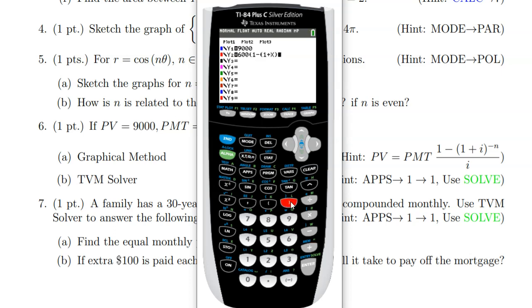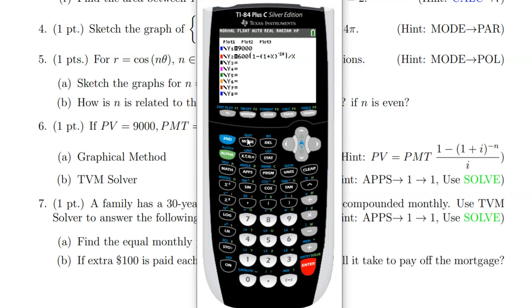And then here's the right parenthesis. And then we have to raise it to the negative, and it's 20, so you have a 20 there, and then right parenthesis, and then we're going to have to divide by I, so I'm going to put X instead. All right, so that's the formula.